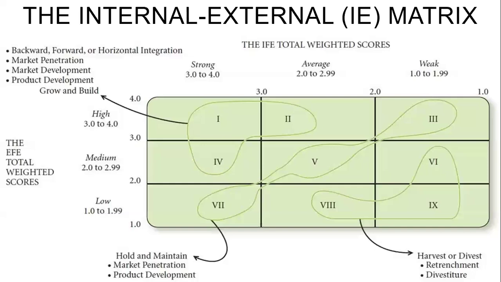Now, when we say a grow or build region, the first region, including II and IV, represents the grow or build region. And it is a region that suggests that the weights generated from the internal factor total scores, as well as the external factor total scores, are high, medium to high.